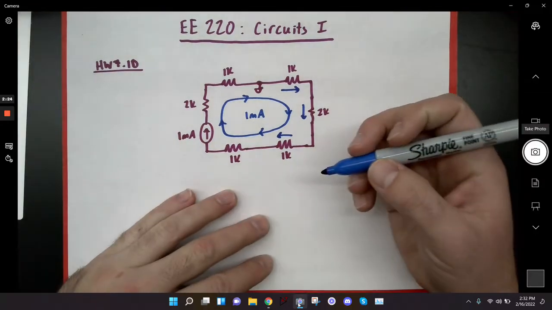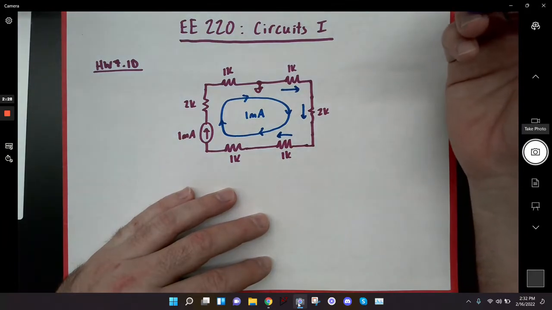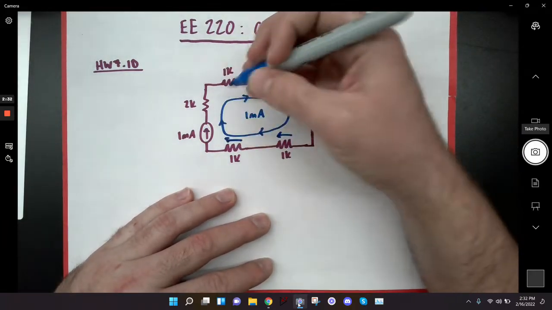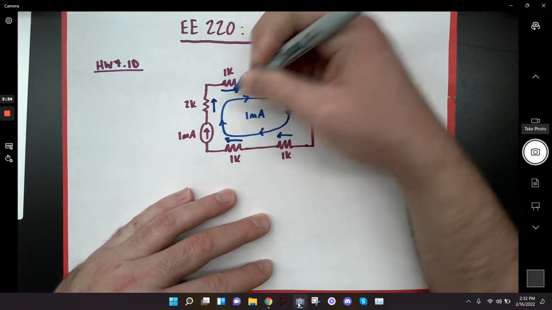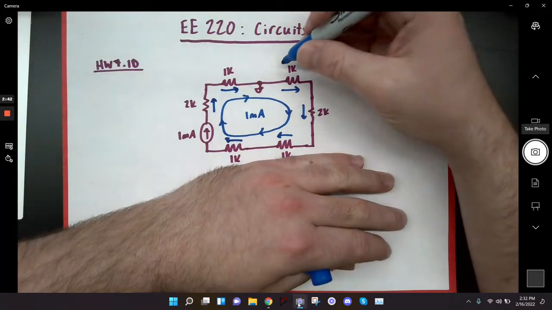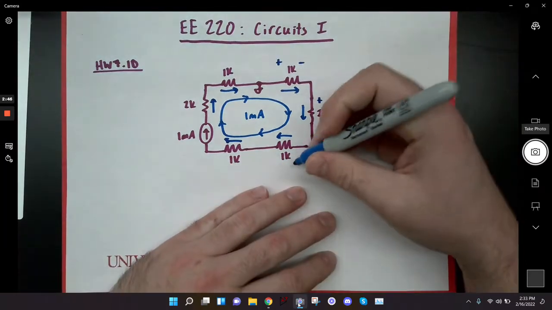Alright, so I've got 1 milliamp flowing through this entire circuit, right? I've got 1 milliamp flowing here, obviously there, and there. So using Ohm's law, I can find the voltage drops across all of these resistors, right? Voltage goes plus to minus because the current's flowing in this direction.